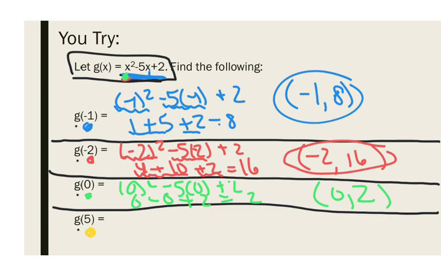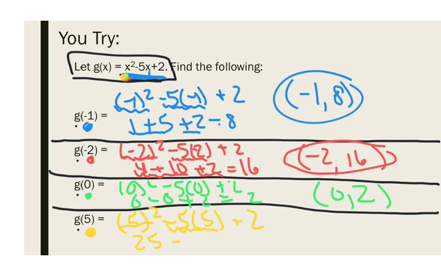Okay, one last one. This time we're looking at 5. So instead of the x, we're filling in 5. So we're going to have parentheses 5 squared minus 5 times 5, and then plus 2. Order of operations, 5 squared is 25.